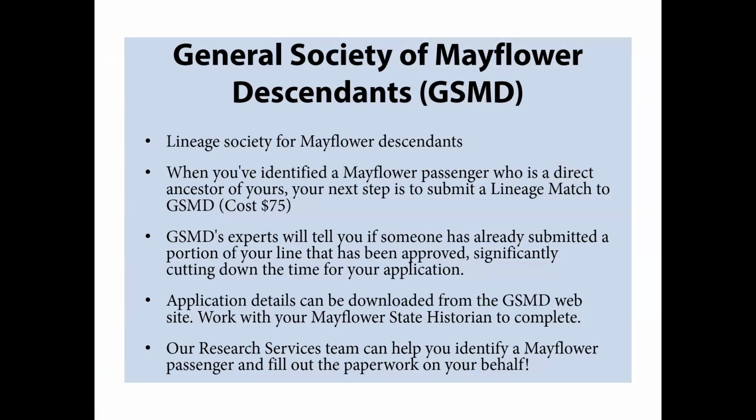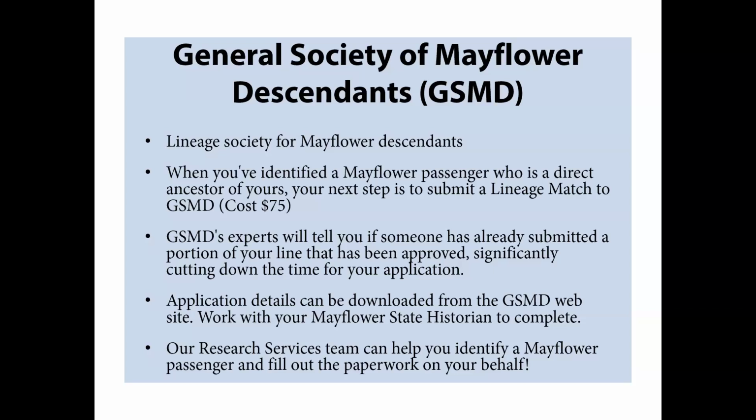So let's say after you've documented a potential line and you're considering joining the General Society of Mayflower Descendants. This is the lineage society that many people join when they've identified a Mayflower passenger in their family tree. When you've identified someone, I recommend that first you outline the list of who that Mayflower line is. Then I would recommend submitting what we call a lineage match.